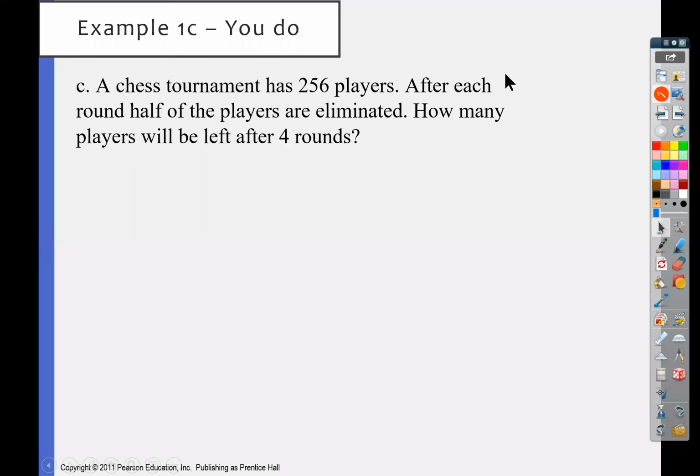All right, this is one for you to do, so go ahead and try it. And you should get 16 players.